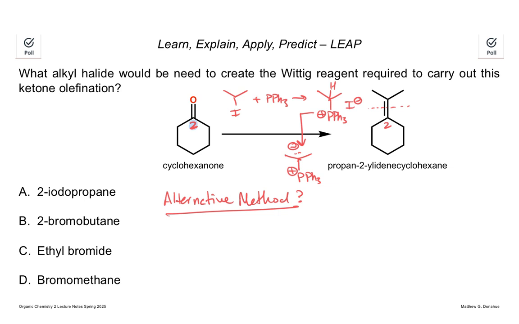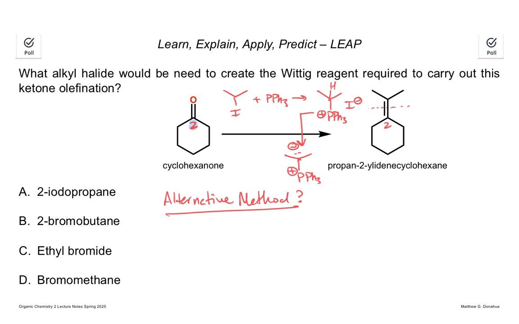So as a strategy, really what you're doing is identifying how you want to split the alkene, what becomes the carbonyl, and what comes from the Wittig reagent. I also wrote in before class the alternative method.